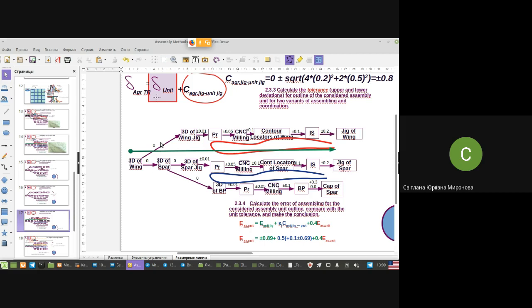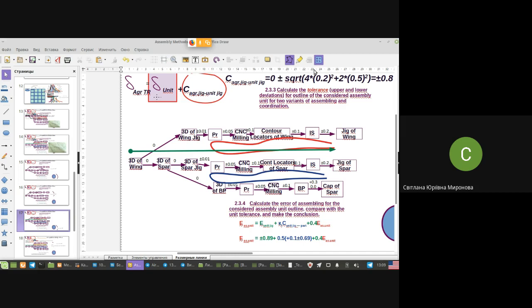So these are quite similar chains, differing only in the names of the jig and the locator. Here it was the contour locator of the wing, here it is the contour locator of the spar. Jig of wing, jig of spar.